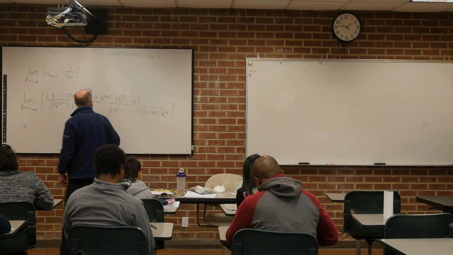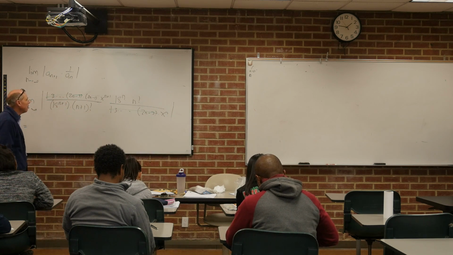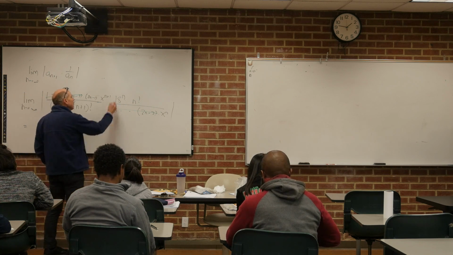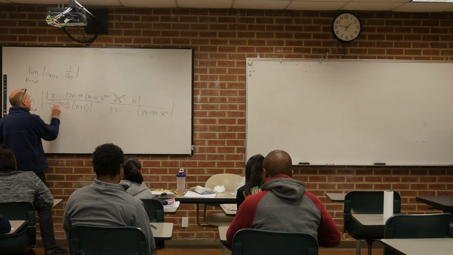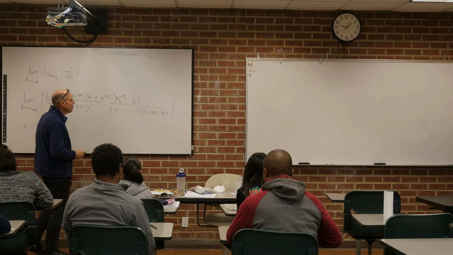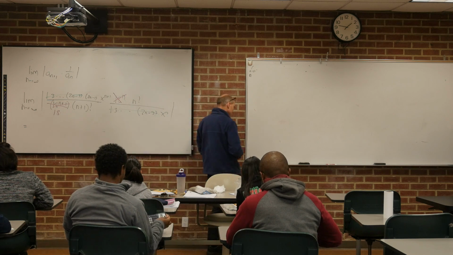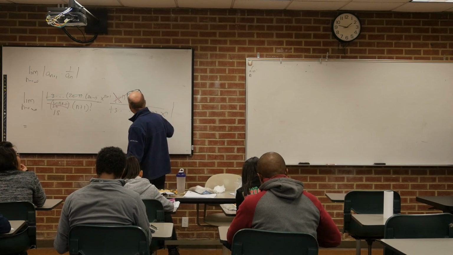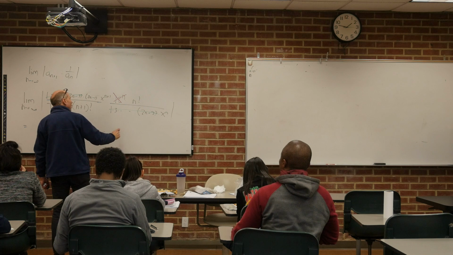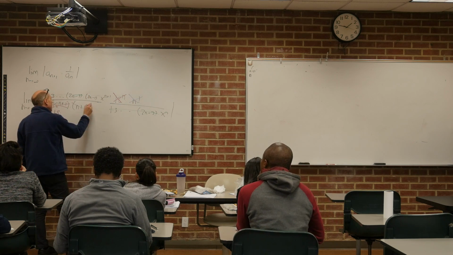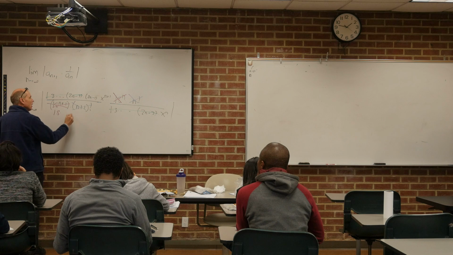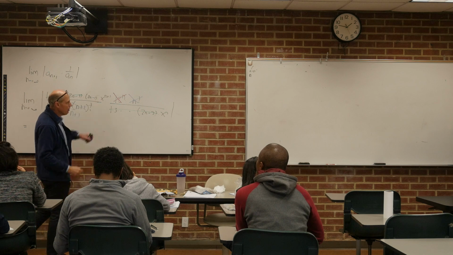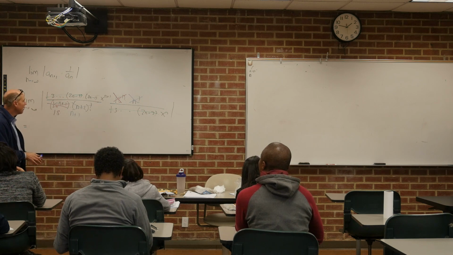Notice I've got n 18s on the top, and I've got n and 1 extra 1 on the bottom. So this is simplified to an 18. And if I have an n factorial on the top and an n plus 1 factorial on the bottom, how do those simplify? N plus 1. And then finally, x to the n plus 1 over x to the n.